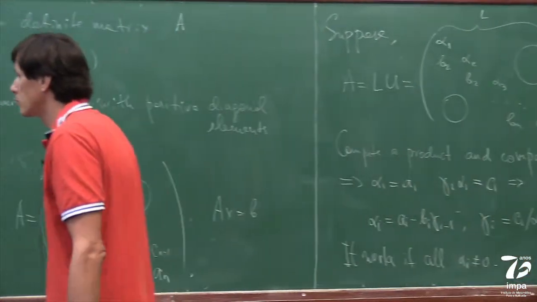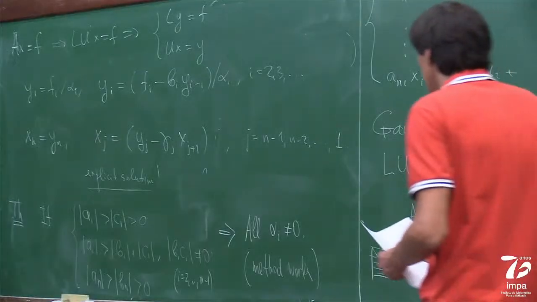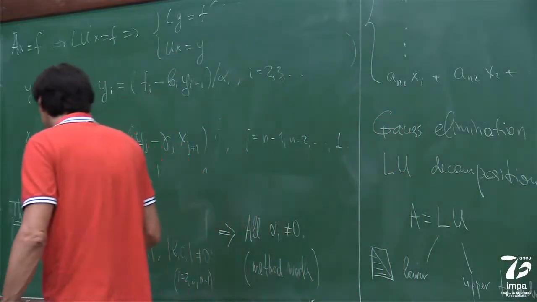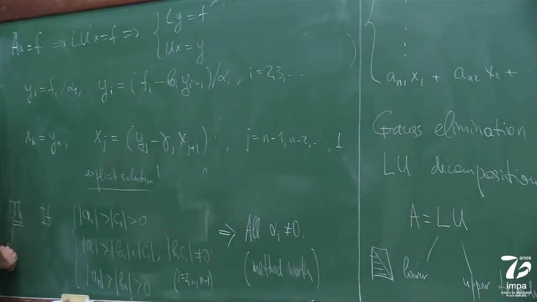Probably, I don't know what is easier. But I will not prove it. For the proof, you can see the book. I will try not to give very technical proofs in this course, because anyway we're talking about numerical analysis.